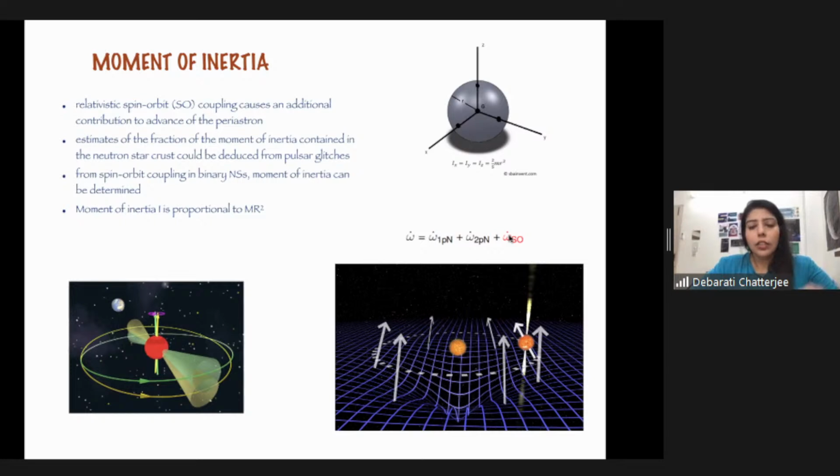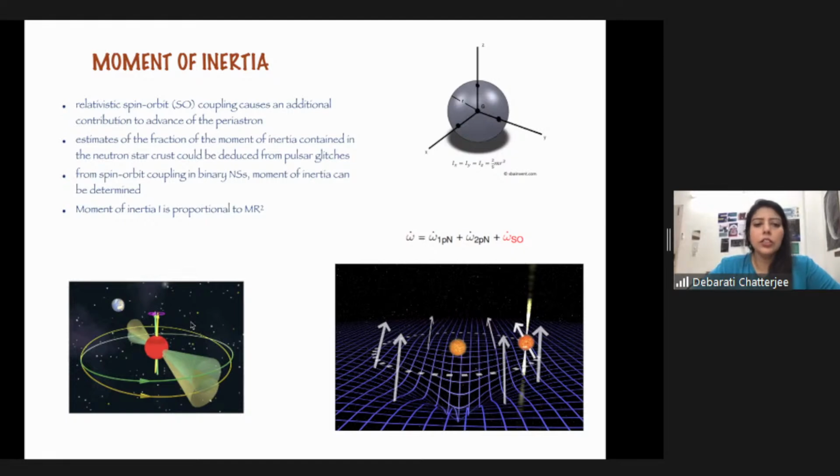The other way it can be measured is from pulsar glitches. Yesterday I talked about rotational glitches, and there are theoretical estimates of the moment of inertia that is contained in the neutron star crust, and that is responsible for causing glitches. So measurement of glitches is also a way in which moment of inertia can be estimated. And also I mentioned precession yesterday.